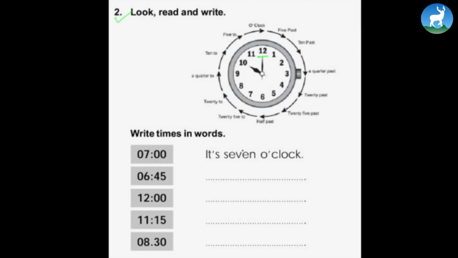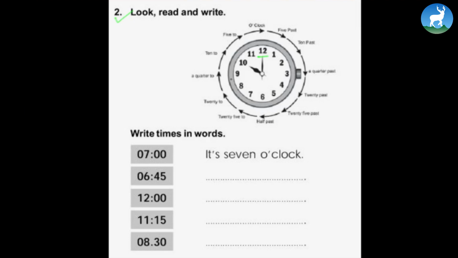What time do you usually get up in the morning? I usually get up in the morning at 6:30. If the minute hand is pointing towards number 7, it's called 25 to. So if it is 6:35, we say 25 minutes to 7, right? If the minute hand is pointing towards number 8, it's 20 to. If it is pointing towards number 9, it's quarter to.